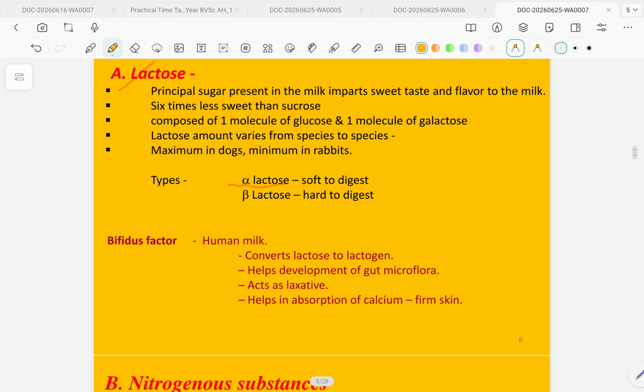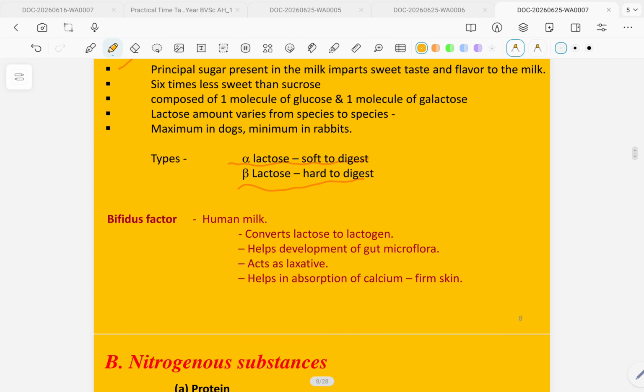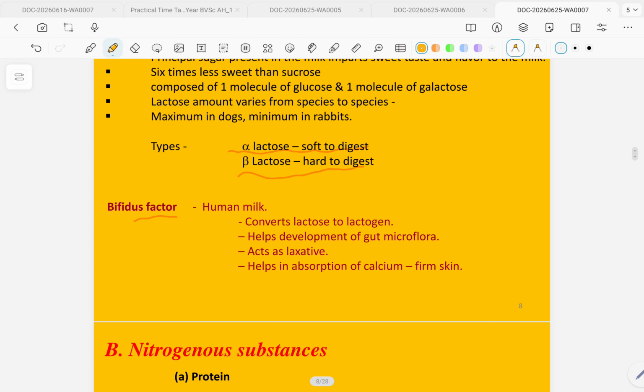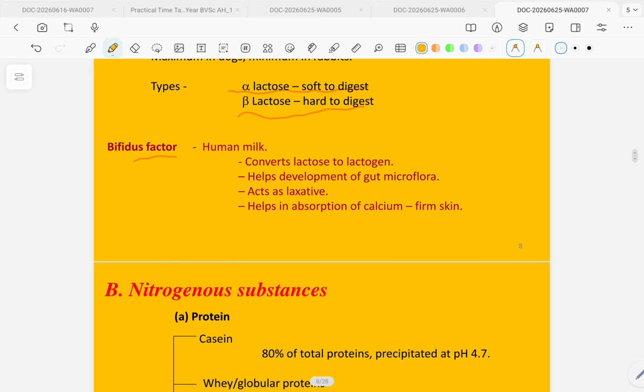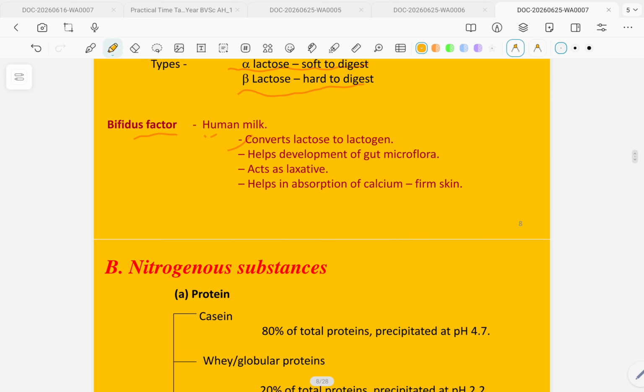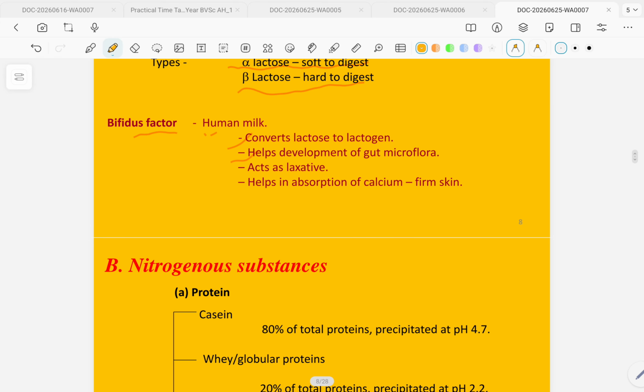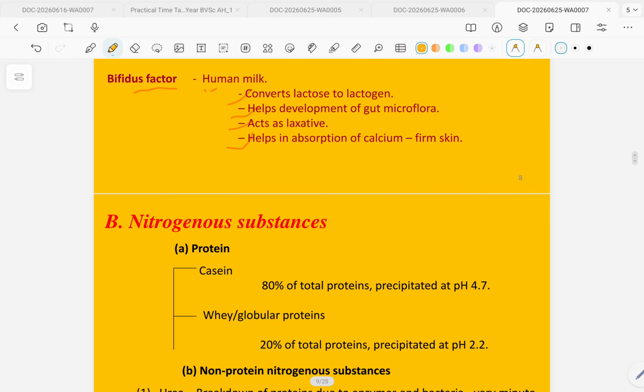Types: alpha lactose is soft and easy to digest; beta lactose is hard to digest. Bifidus factor in human milk converts lactose to lactic acid, helps development of gut microflora, acts as a laxative, helps in absorption of calcium, and firms the skin.